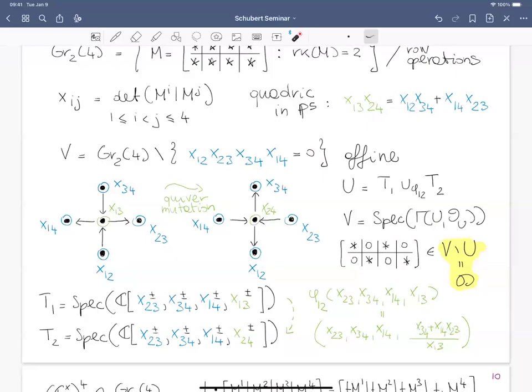However, matrices like this do not belong in any of these two charts. And the reason is that if you look, for example, at the Plucker coordinate 1,3, that determinant will be 0. And same story for 2,4. And so that means that these cannot be points in spec of Laurent polynomial rings because their 1,3 and 2,4 vanish, whereas they're supposed to be non-zero.